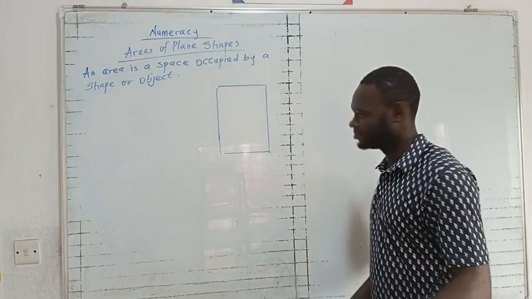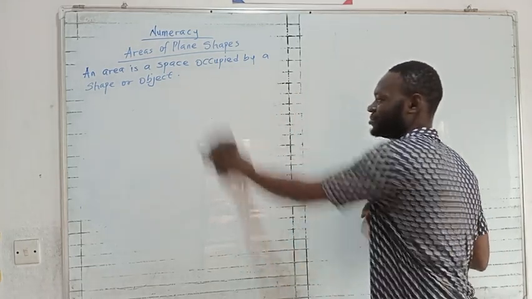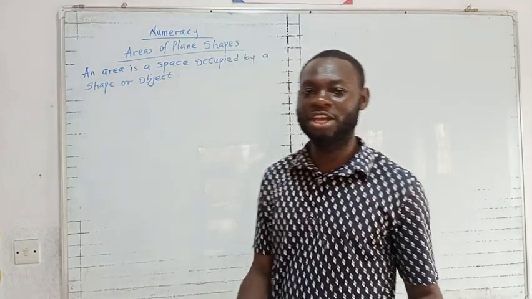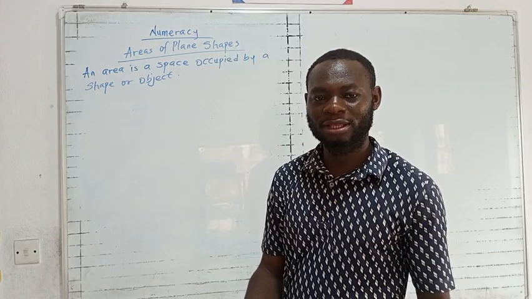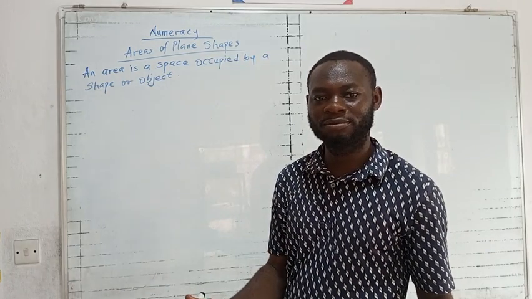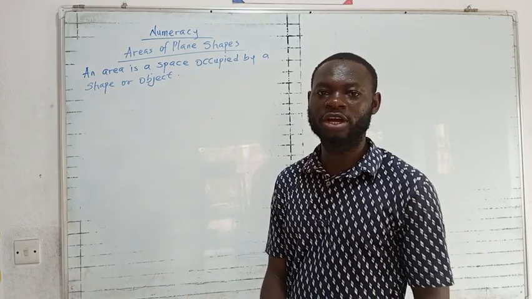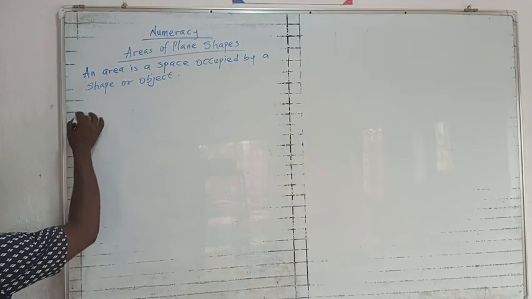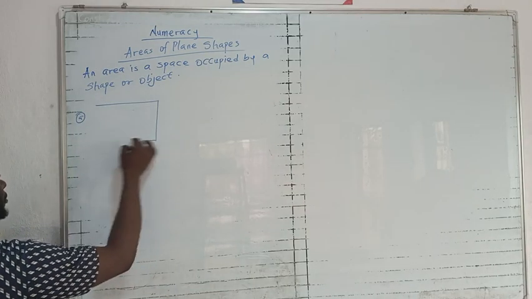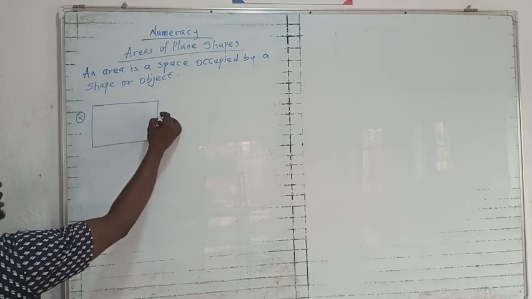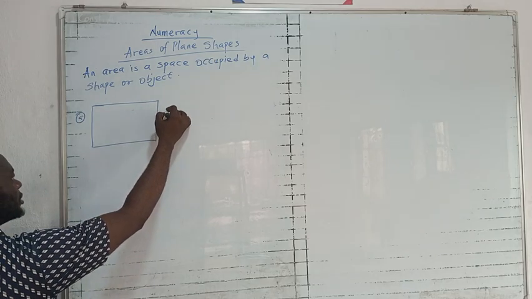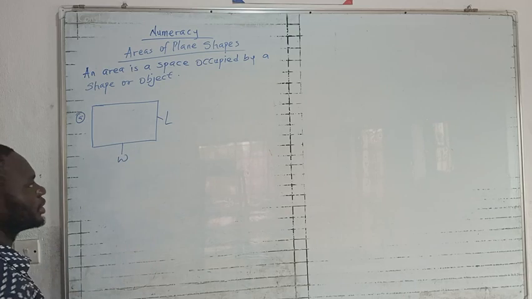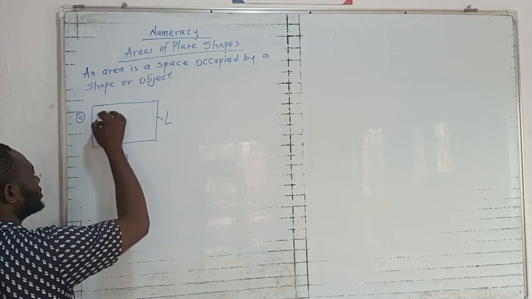Now, having said that, let's look at some of the formulas that are involved in calculating the areas of rectangle, square, and triangle. Now, let's look at this. Given a rectangle, remember that here can be our length and here can be our width of this rectangle.